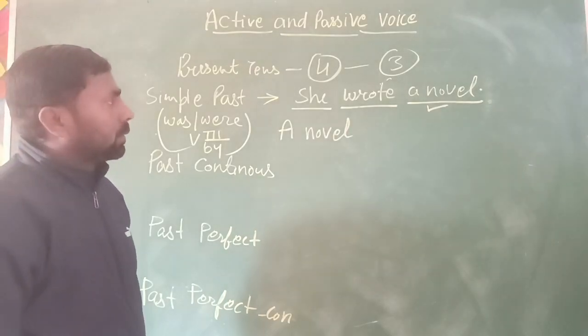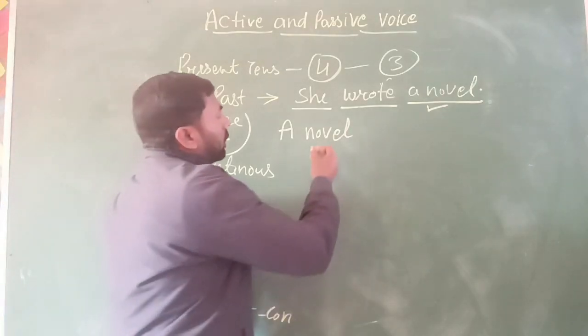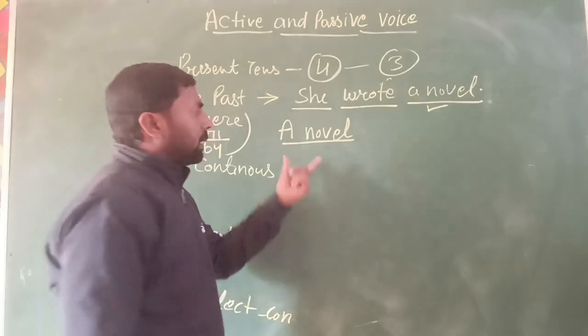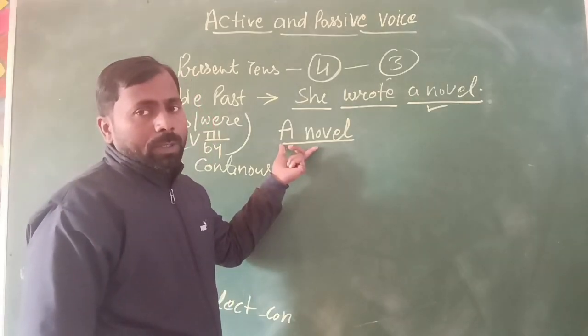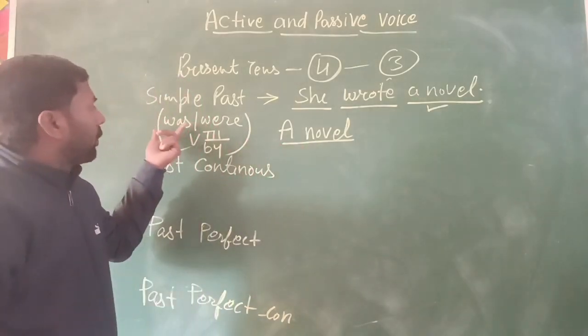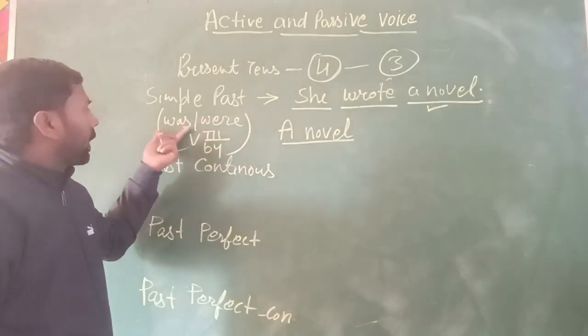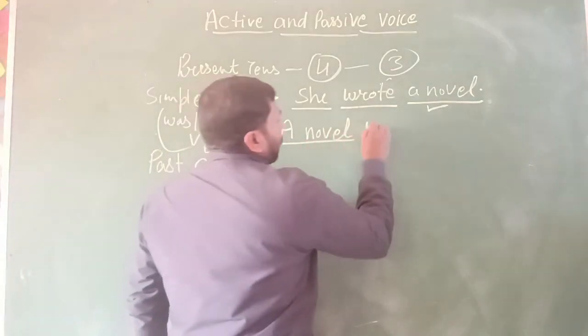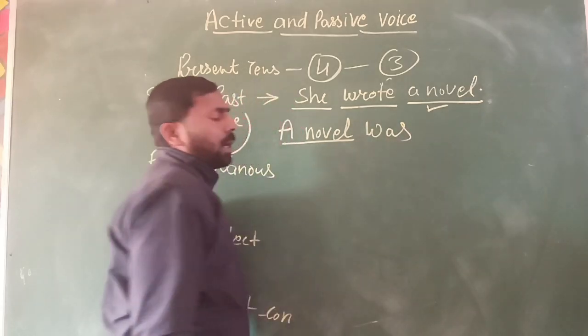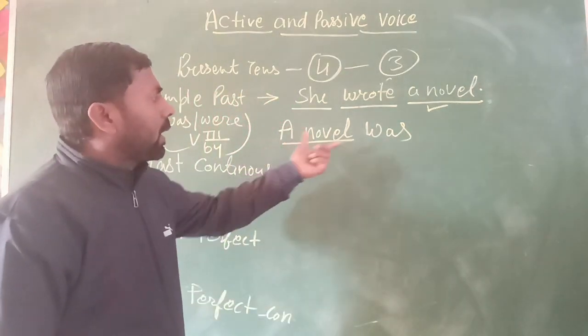Okay, simply we can say that here the subject is a noun. With a noun we use was or were. So the subject is a singular number, then we use singular number helping verb. With a noun we add was. A novel was.